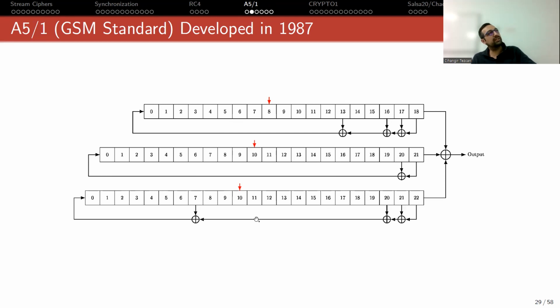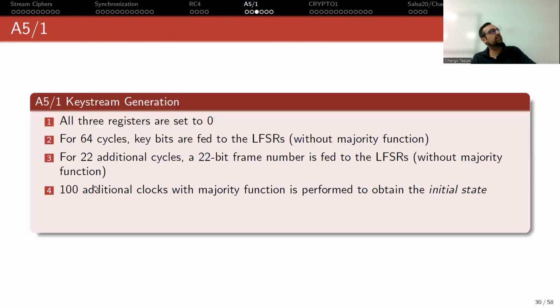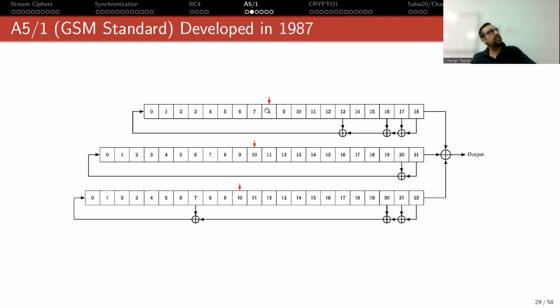And the majority function says this. As you can see, there are red arrows here. So for these 100 cycles, you look at these bits and check the majority. For instance, if all of them are 1, the majority is 1. If all of them are 0, the majority is 0. But if 2 of them are 0 and 1 of them is 1, then the majority is 0 and belongs to these 2 LFSRs.